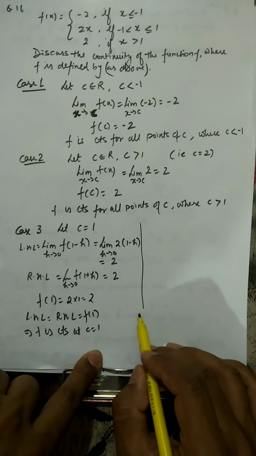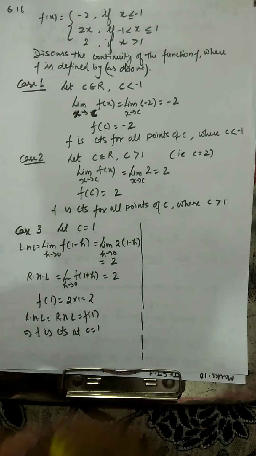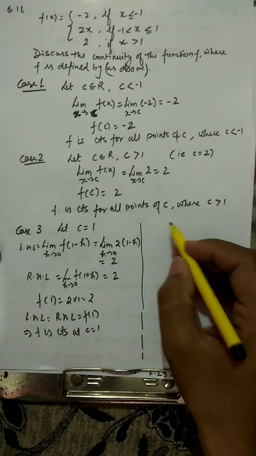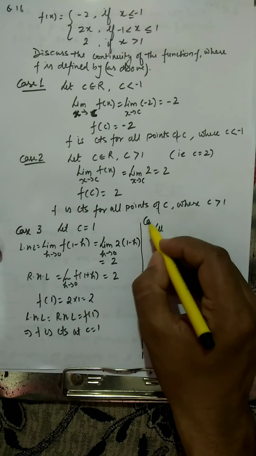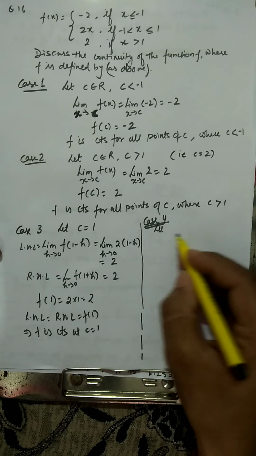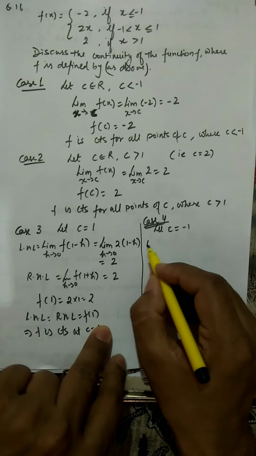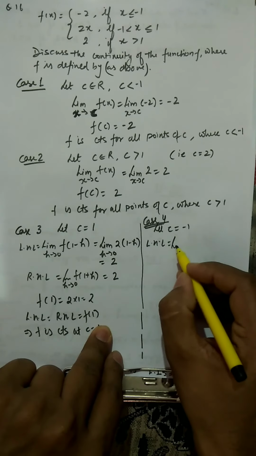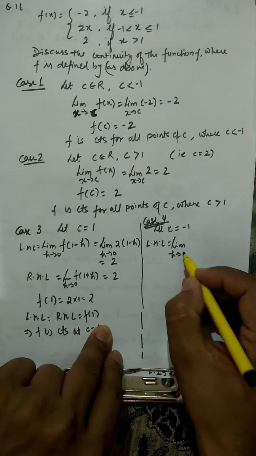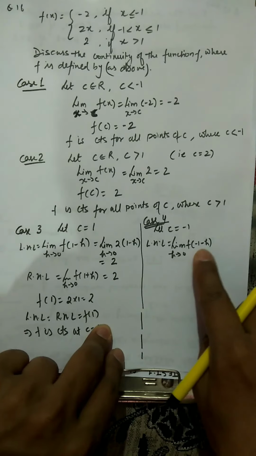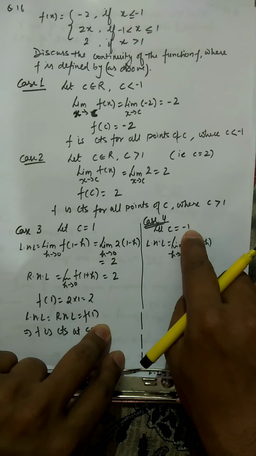So till now we have got all points as continuous points, but now the last point is left. This is case number 4, and let c equal -1. We'll take the left hand limit now. This is limit h tends to 0 of f(-1 - h), because you are taking c as -1.